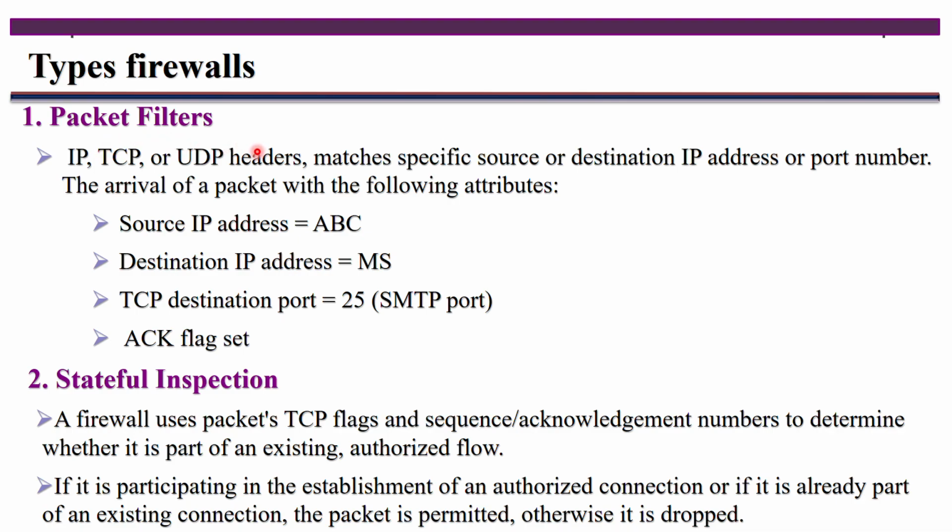Packet filters just check the headers of IP, TCP and UDP. These are the protocols you are using for communication purposes. In the packet, it just checks the source and destination IP address, port number and acknowledgement flag set here. If everything is correct, then it permits that packet to enter the protected network here.